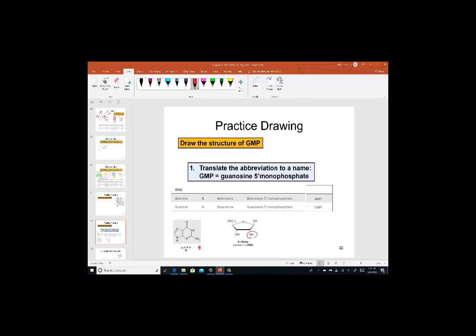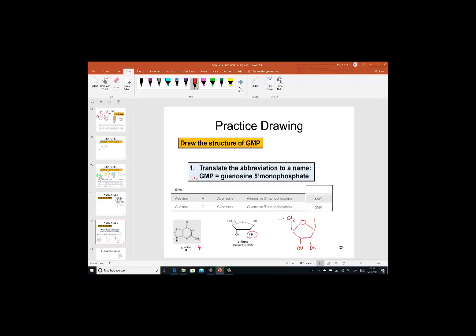So start by drawing the sugar. The sugar will contain a 5-membered ring where carbon number 5 is up and out of the ring. The anomeric carbon is going to attach to the base. I don't have a little D here for deoxy, so carbon number 2 has the OH group.